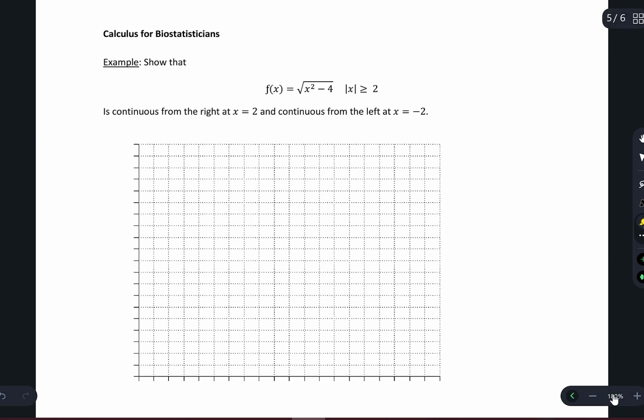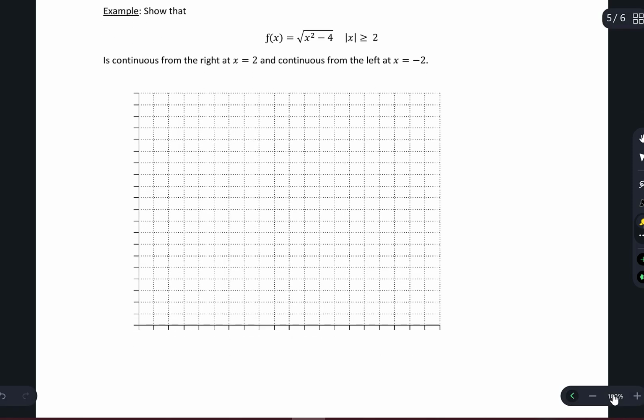So we're going to try to show that f of x, which is equal to the square root of x squared minus 4 for the absolute value of x greater than or equal to 2, is continuous from the right at x is equal to 2 and continuous from the left at x is equal to negative 2. So the first thing that we're going to do is plot this function.